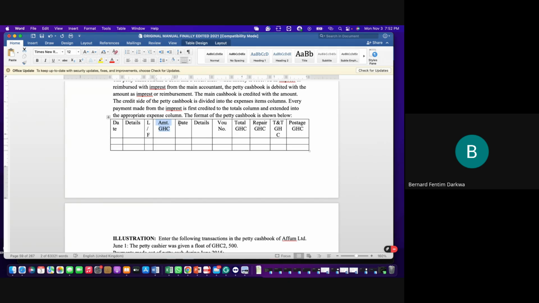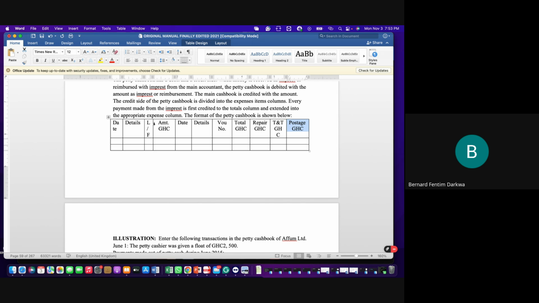Then we have another date, then details, then voucher number, and then totals. After this total, you can have the individual expenses, the recurring ones like postage and the rest. You can open them based on the question.